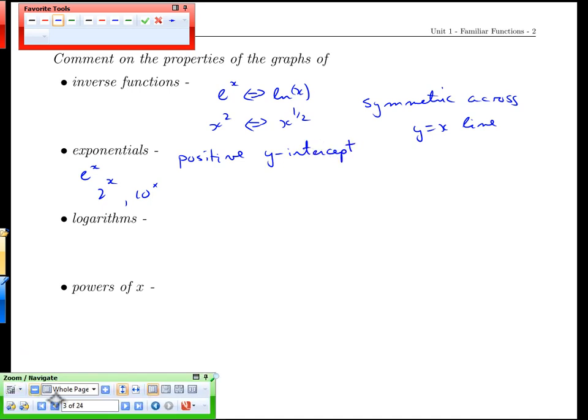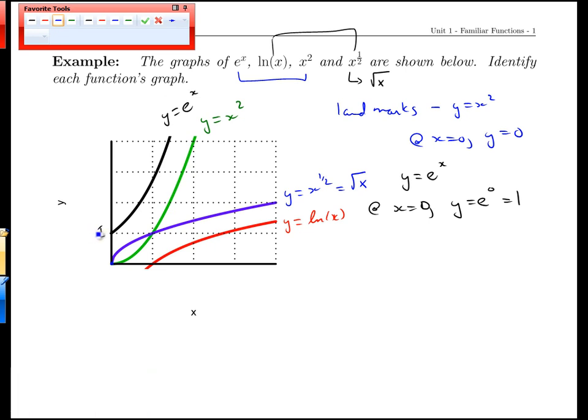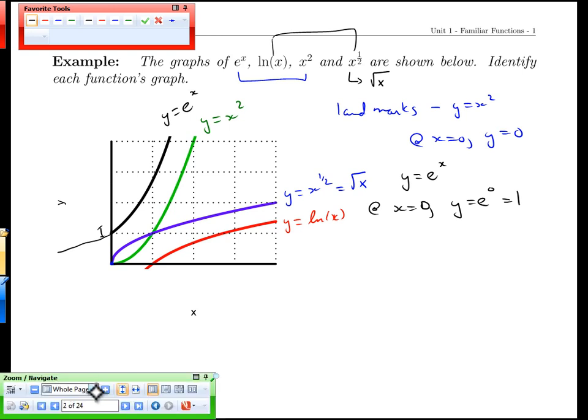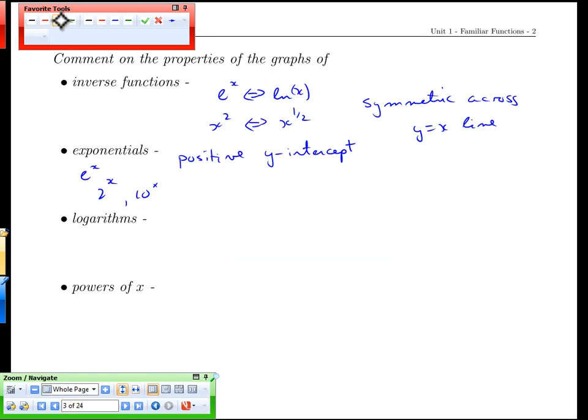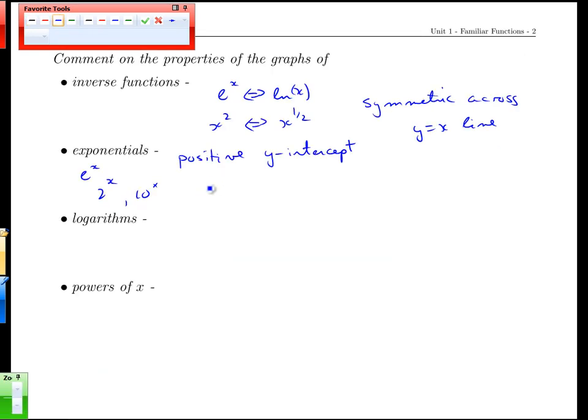Going back to the previous page for a moment, an exponential graph, if we continued it on, would strike the y-axis at one particular point, and it'll always be positive. In fact, the graphs always have positive y components. So that's a nice feature about exponentials. They start positive and they grow and grow and grow.